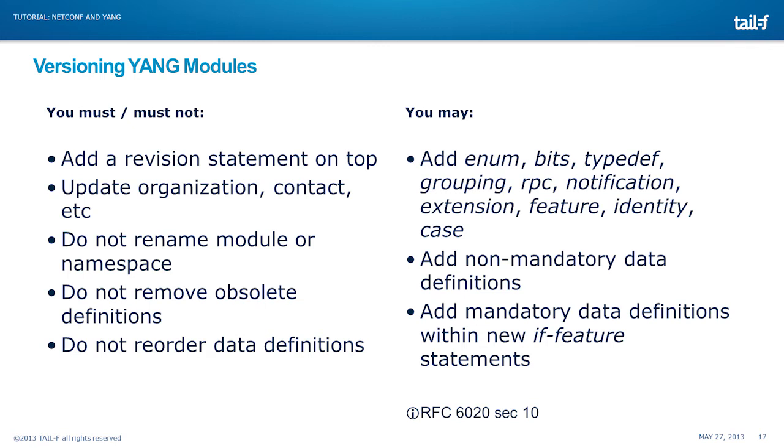We saw in part 1 of the tutorial, the header of a Yang module has a revision statement that declares what is the revision of this model. The Yang RFC 6020 in section 10 provides revisioning guidelines to follow when doing revisioning of your data models.